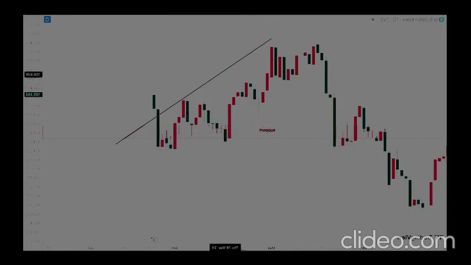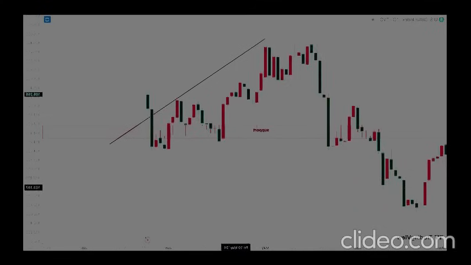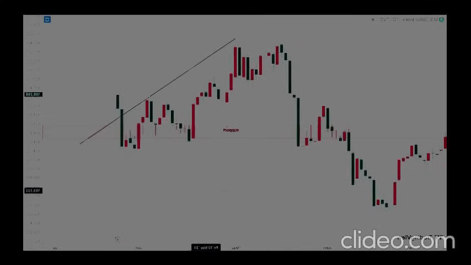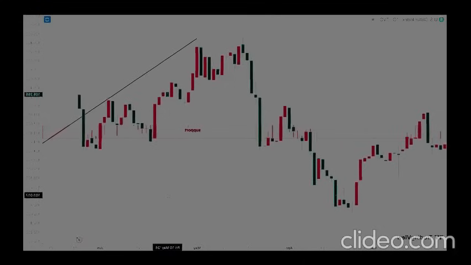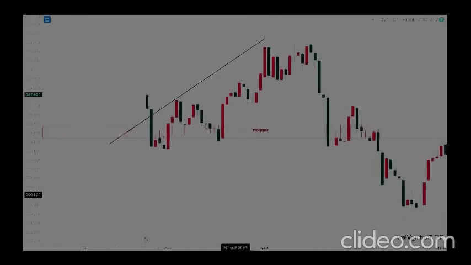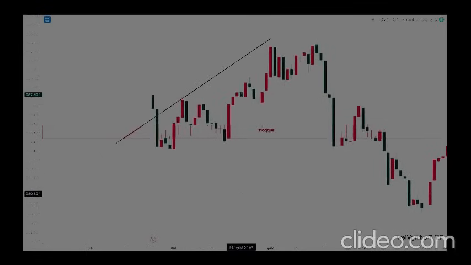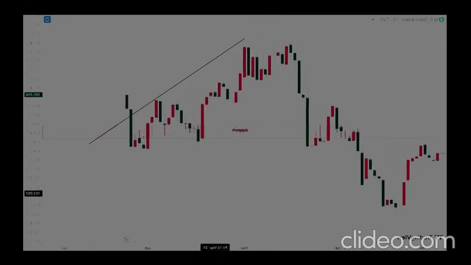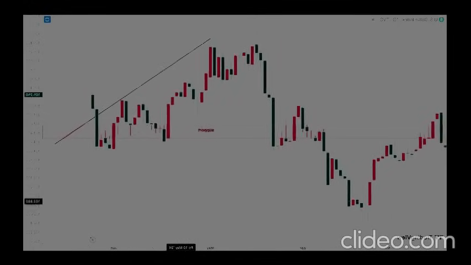So here our trend line is perfect. So I think we're good to go to the lower time frame.